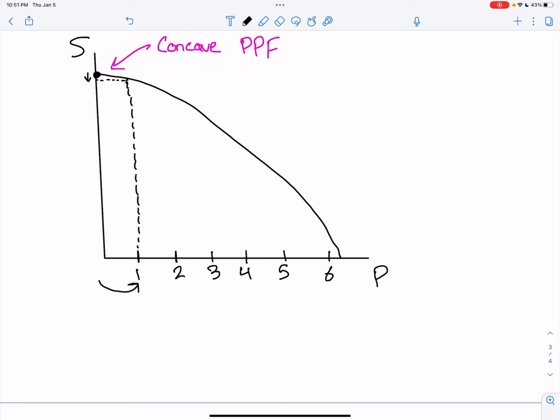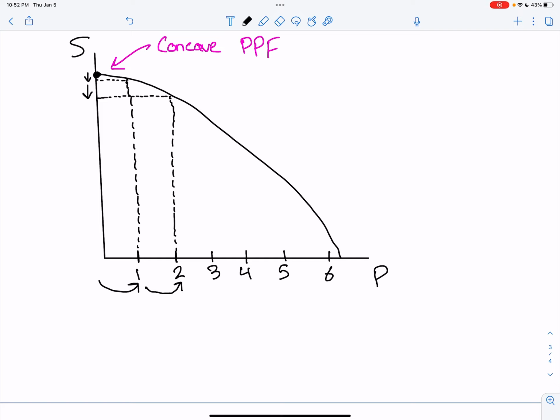Okay. Now, let's say it decides, you know what, we can do with even more parks. So it decides to go to 2 parks. How many stadiums is it giving up then? Well, it's giving up some small number of stadiums. But that number is a little bit bigger than the previous one, right?